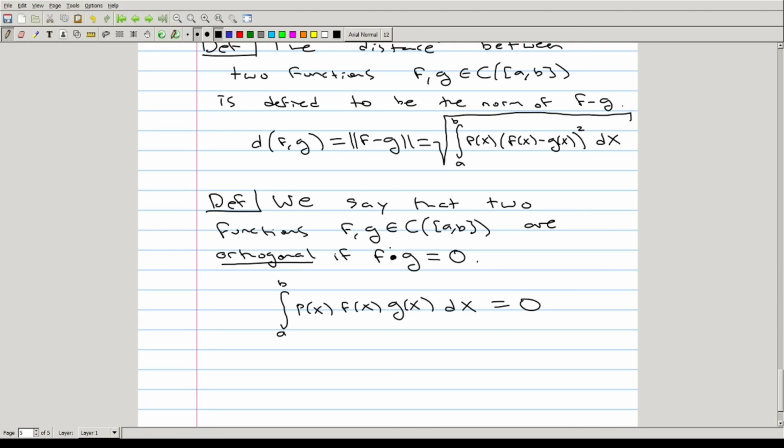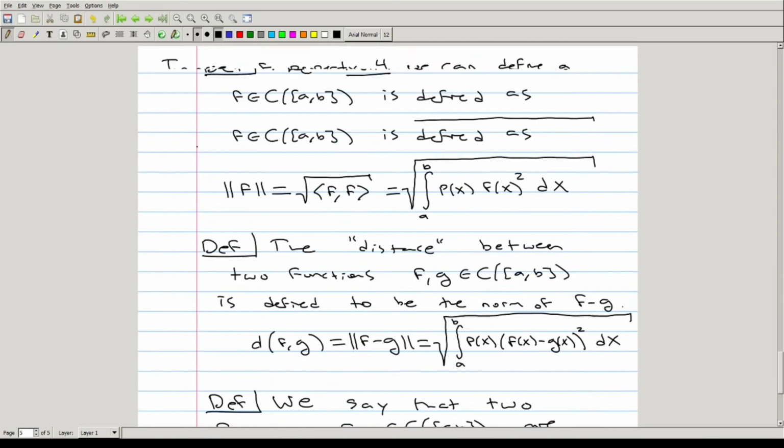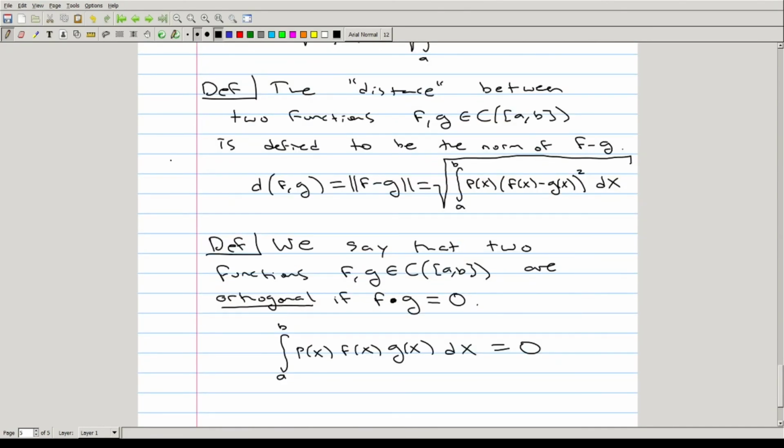And this is very, very neat because these three definitions give us essentially a way of thinking about an infinite dimensional vector space, like the space of continuous functions from a to b, in terms of geometry, or geometrically. We can talk about orthogonality of vectors in an infinite dimensional vector space like C of [a, b].